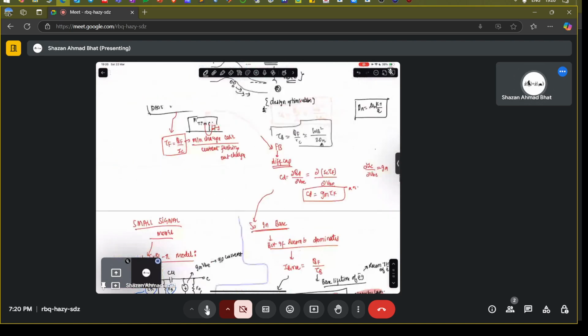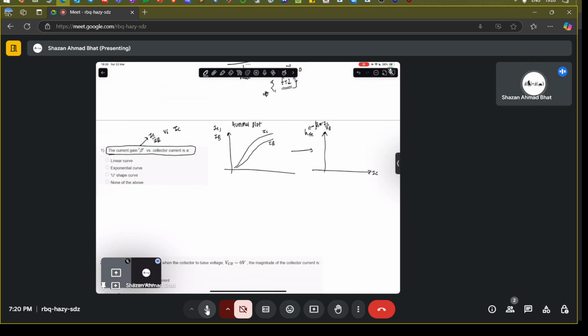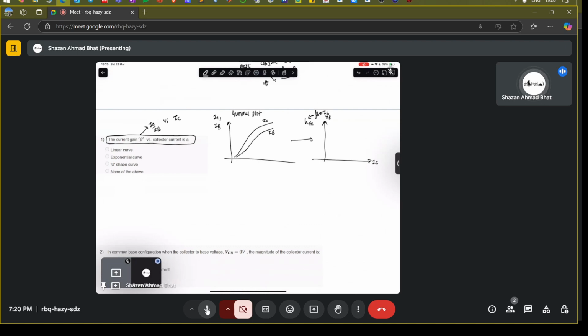We talked about the Gummel plot where we showed IC and IB on the same plot. Then you can draw the beta, which is IC over IB, versus IC. You wrote this in terms of an H parameter, let's say HFE. You saw that it looks something like this. It goes on increasing, then it reduces. So it's like a U-shaped curve.